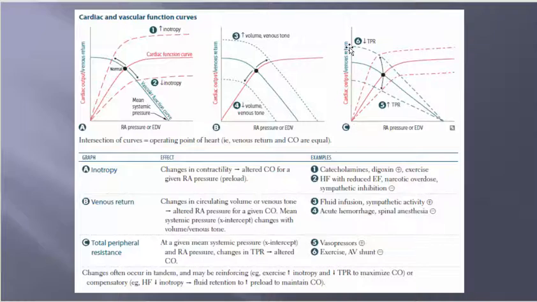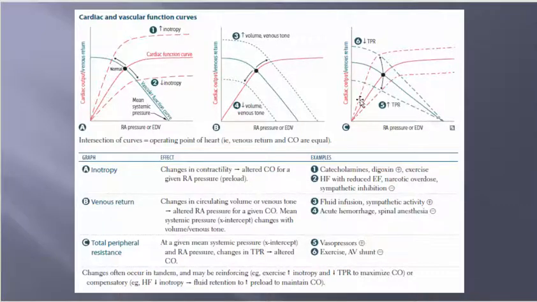Vasopressors will push it down, and exercise as well, at any given mean systemic pressure and x-intercept. Changes in the total peripheral resistance will cause a change in your cardiac output.